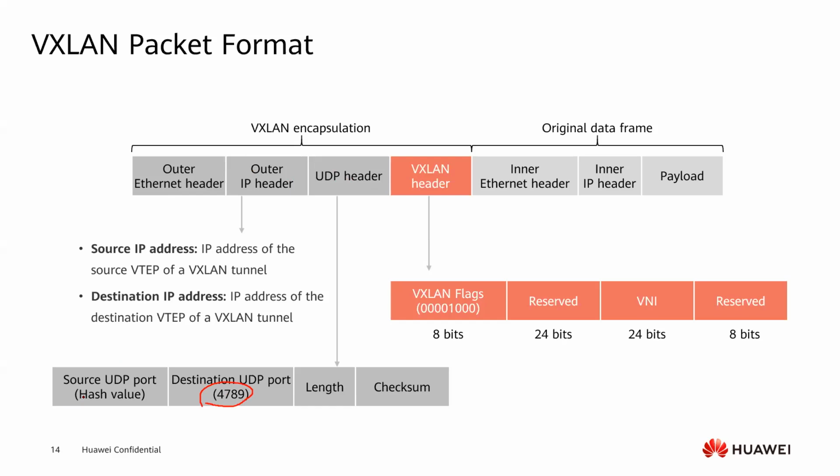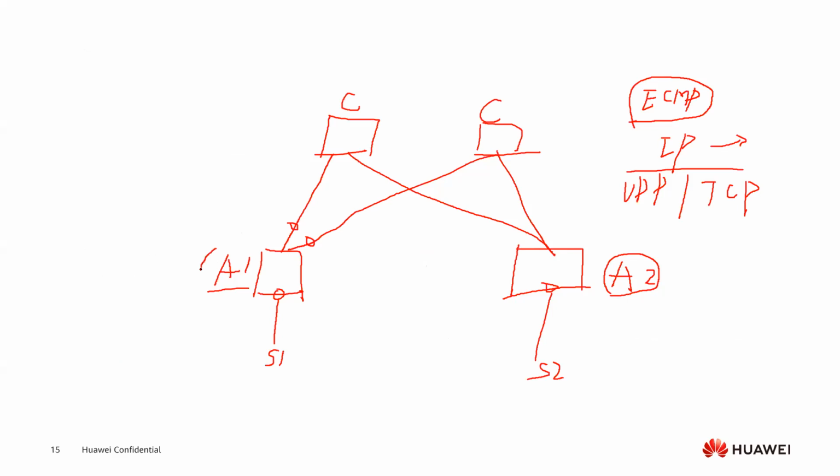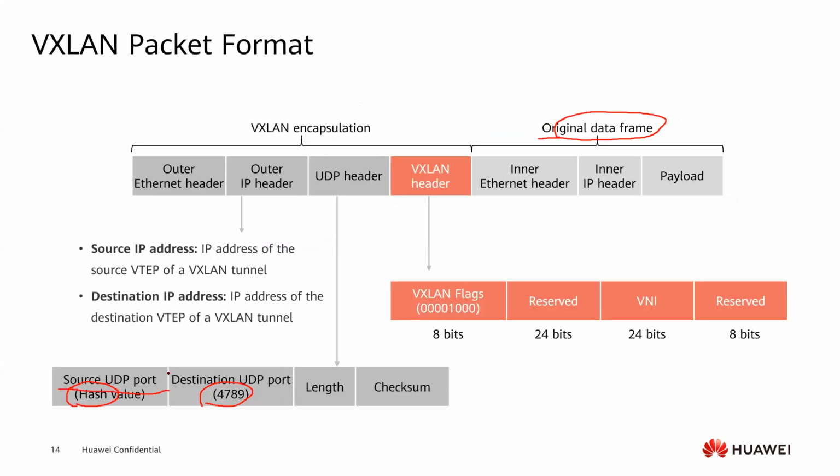So what is the original packet for the hash? It is this part, the original data frame. So if the original data frame is different, the source UDP port will be different. For the network device, it will think packet 1 and packet 2, whose data frames are different, have different source UDP ports.